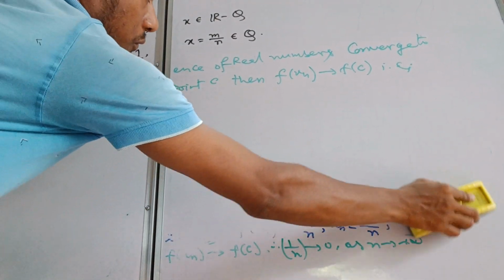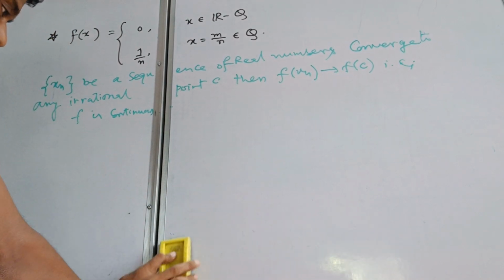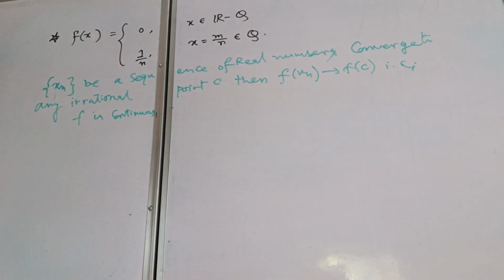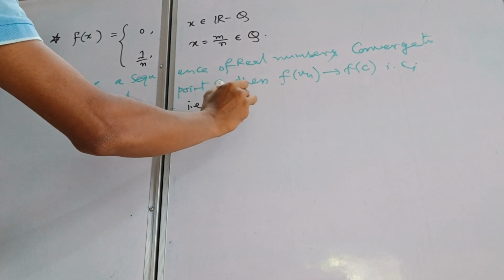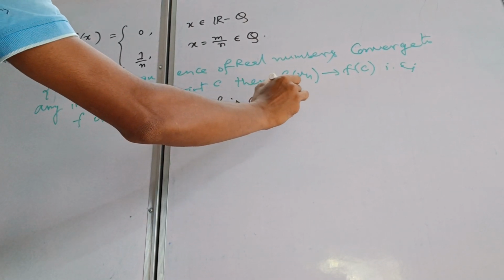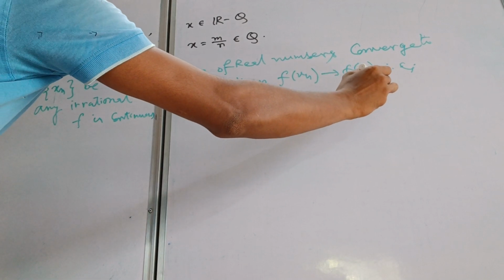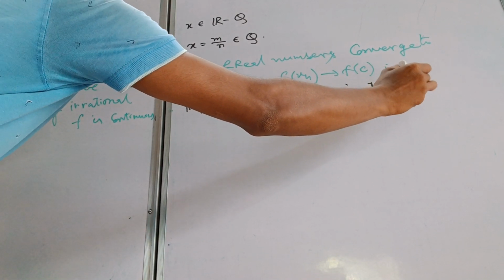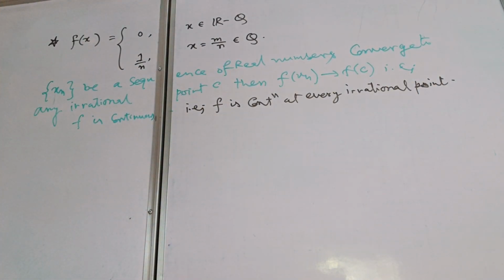So we erase that portion and go to further discussion. One conclusion is done: f is continuous at every irrational point. Understood? c belongs to irrational, so that is done.